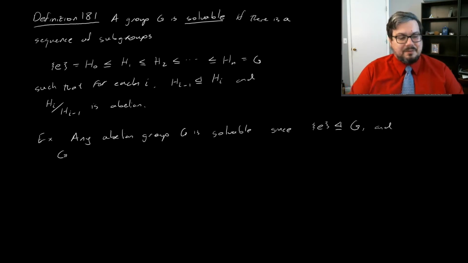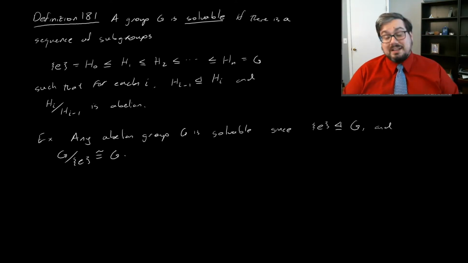Since G mod the trivial subgroup is isomorphic to just G as groups, and G is abelian, this factor group is abelian, and so the group G is solvable.